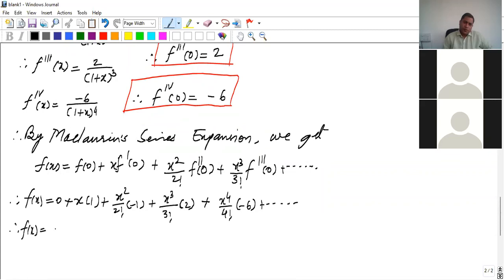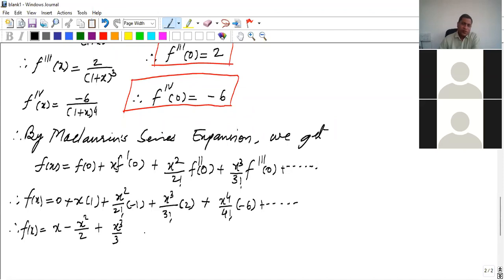So what we can have is f of x is equal to x minus x square by 2. You can see this 2 factorial is going to be 2 itself, and hence you will have minus 1, so it is going to be minus x square by 2. Now, this term: it is 2x cube by 3 factorial, and 3 factorial is 6, so 2 will get cancelled.